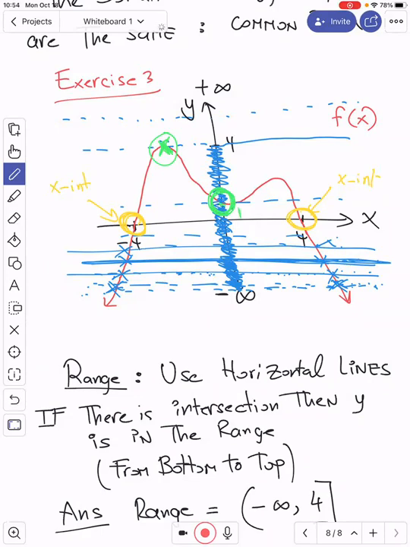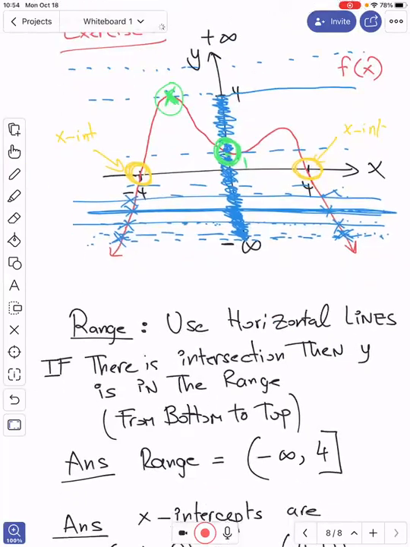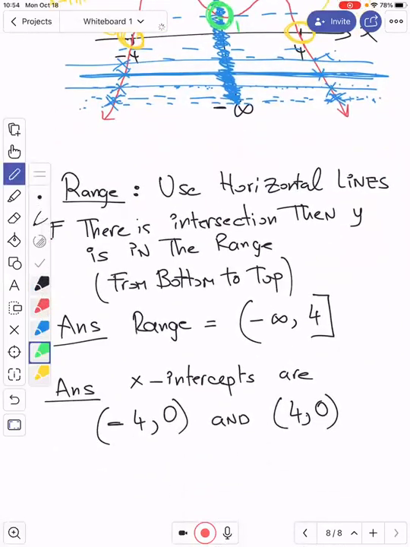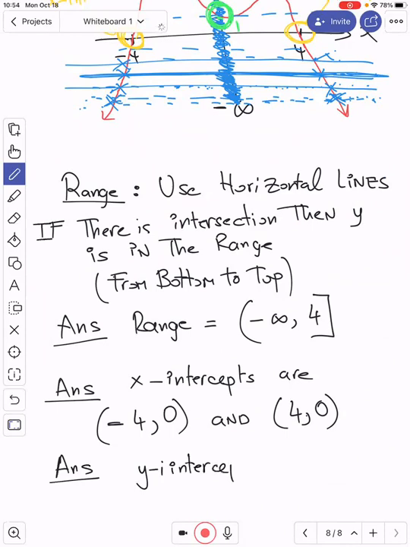It's a mess now, but that's supposed to be y equals 1. So for the y-intercept, x is always 0, and y is equal to 1, so (0, 1).